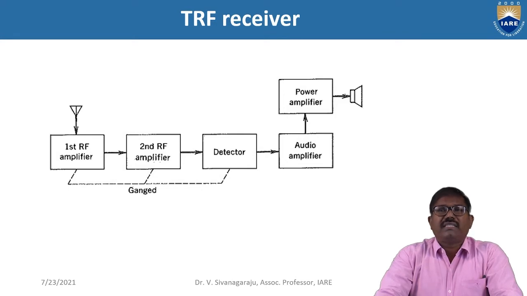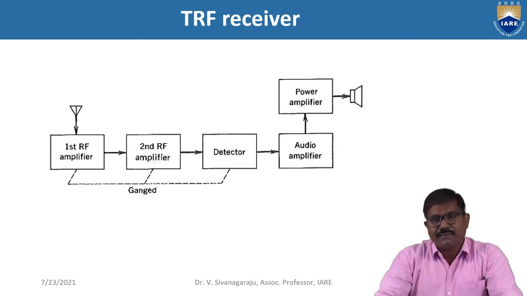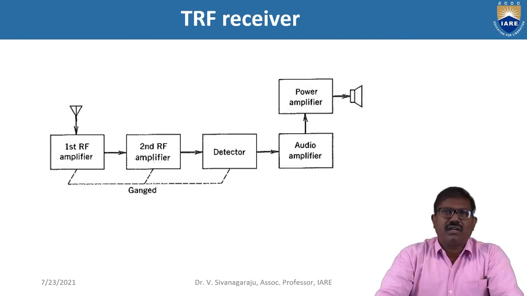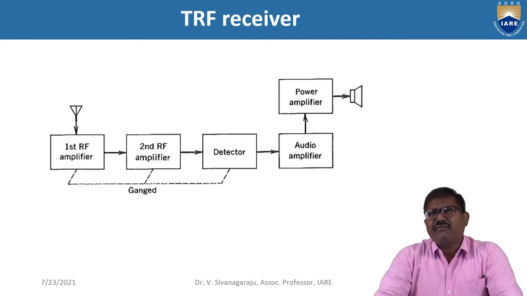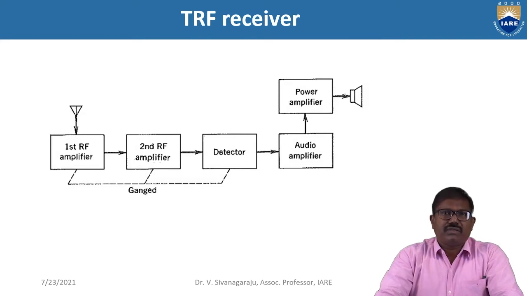Here these three blocks are ganged to each other, that means they are mechanically coupled to each other. These are the important blocks of this TRF receiver. And after that we have the audio amplifier and the power amplifier, and finally the output goes to the speaker. So this is the block diagram of the TRF receiver.